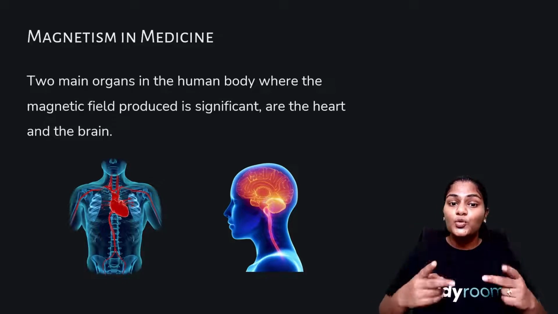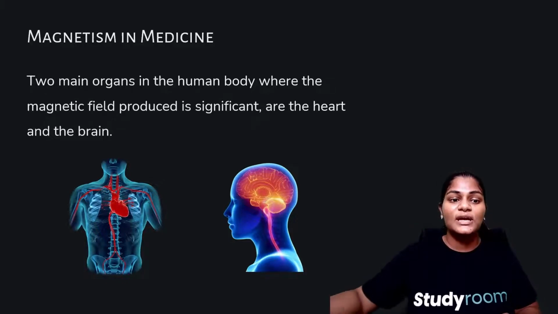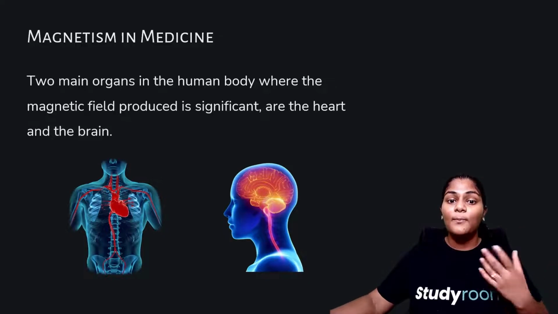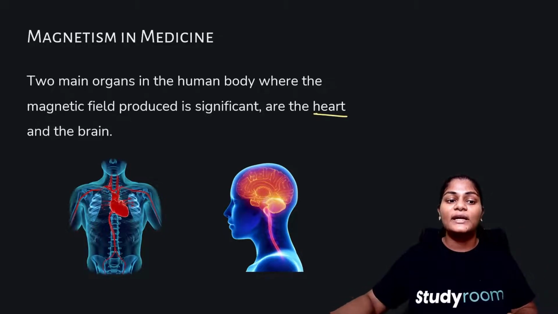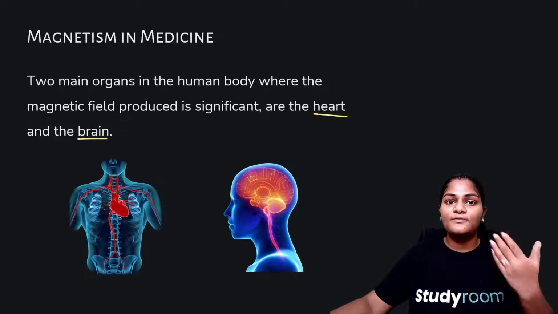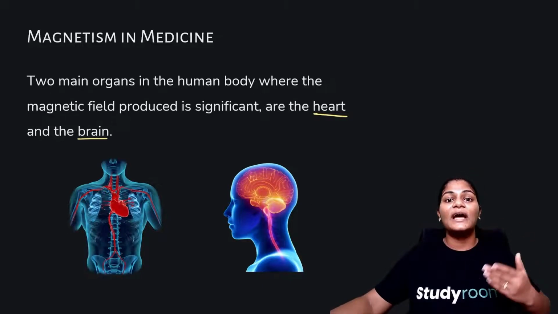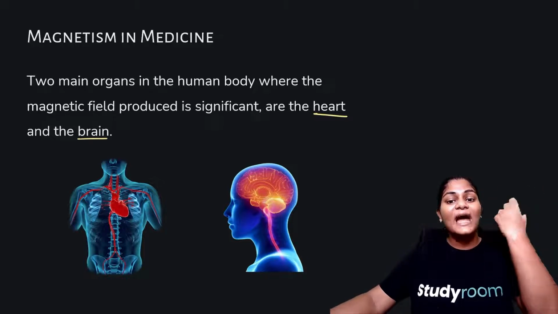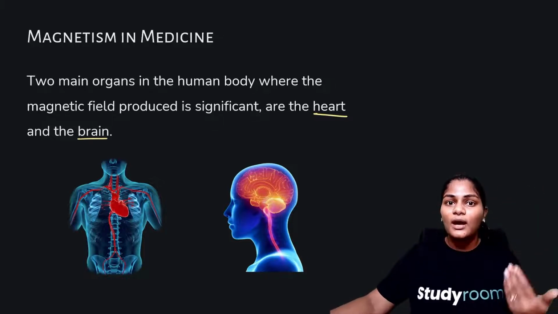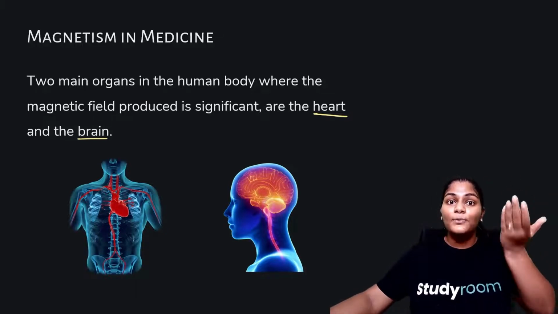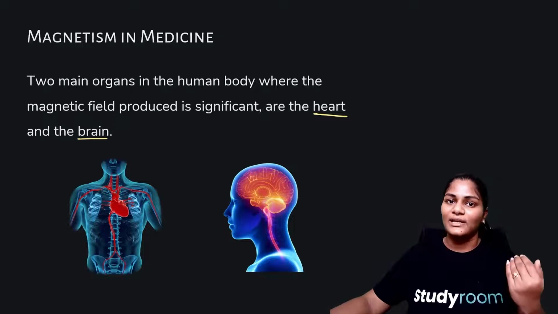The two main organs in the human body where the magnetic field produced is significant are the heart and the brain. That magnetic field can be captured by some devices, and if there are any problems in our heart or our brain, they can be easily scanned and brought on paper using these magnetic fields.